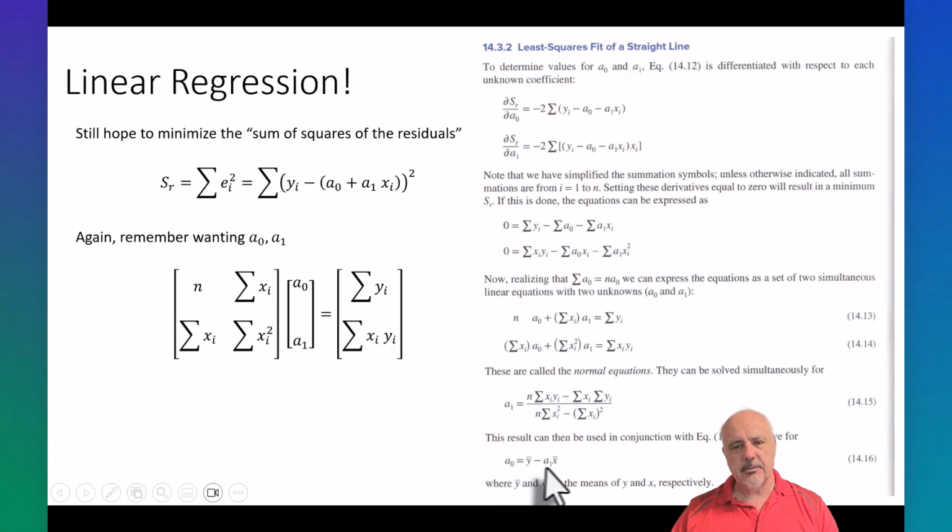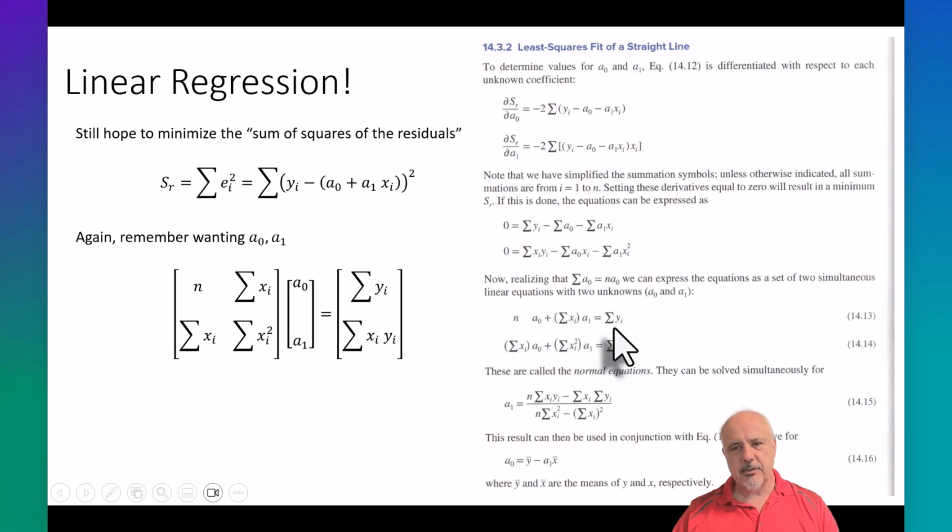And then to get A sub naught, you look at the first equation here, which is exactly the same as the first row of the matrix representation. And if I look over here, I would have A sub naught. I just divide through by n. And then I could put this term over on the other side.